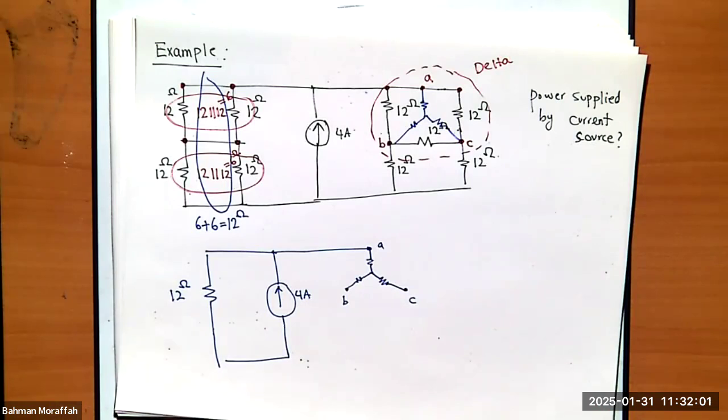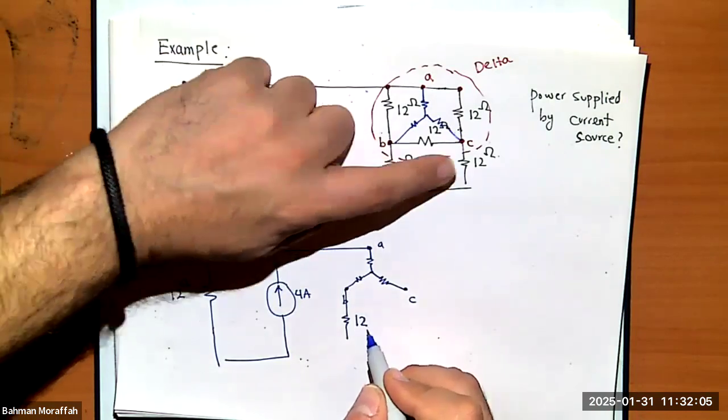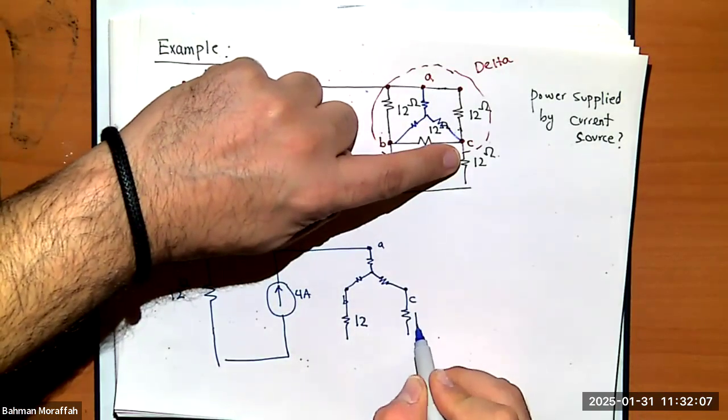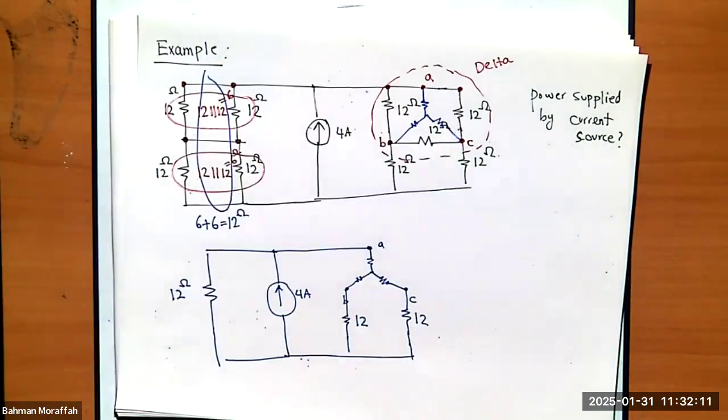This B is connected to this 12. This C is connected to this 12. And the rest, we're good. The only thing we have left is the values of these resistors. I have to know what those are. But we already know.